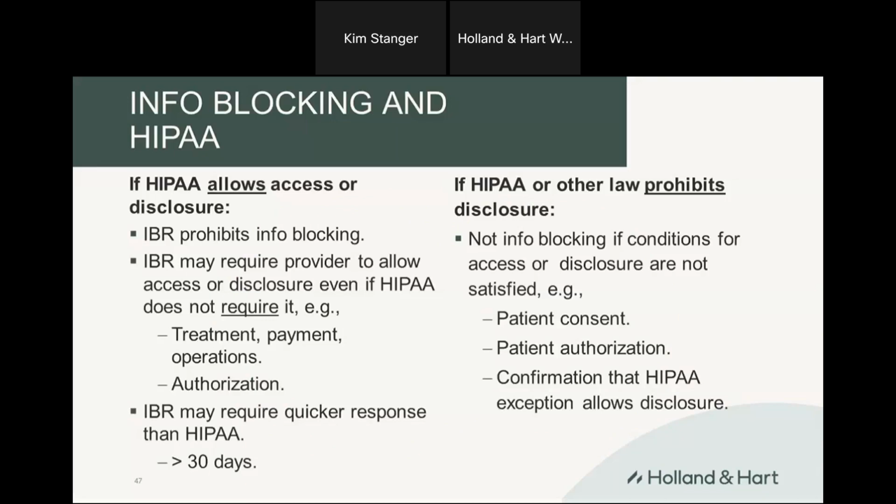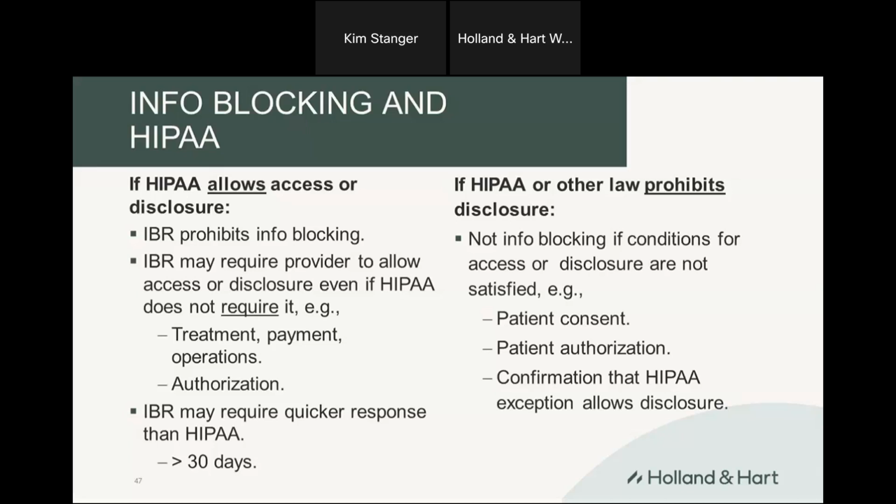So specifically in the situations where HIPAA would allow you to make disclosures for treatment, payment, and some healthcare purposes to another healthcare provider, then even though HIPAA says you may make that disclosure, the IBR says you must make that disclosure. If you fail to make that disclosure, that could constitute improper interference.